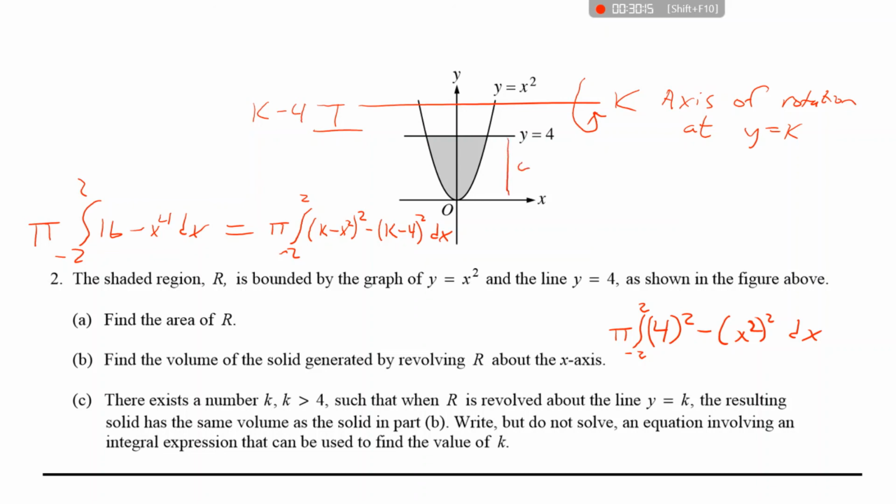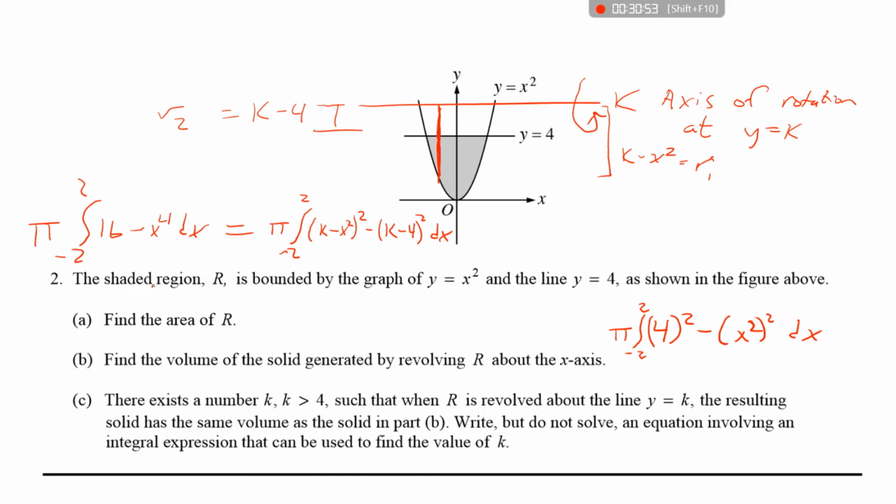So here's y equals 4, and this is k. So my distance between them is k minus 4. This is the distance to the innermost function. This is R2. And then my distance to the outermost function would be this distance, which is k minus x squared. That would be R1.